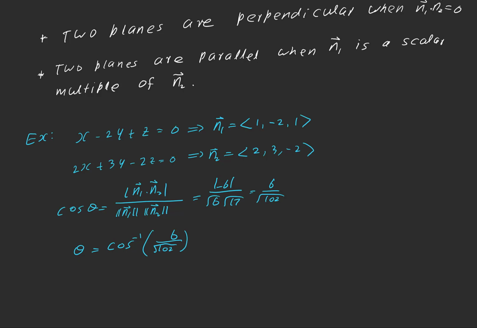You can find this dot product, right? n1 dot n2 equals (1, -2, 1) dot (2, 3, -2). So you multiply: 2 plus negative 6 plus negative 2. That's how you get negative 6. Okay, so you know how to find the magnitude of that.